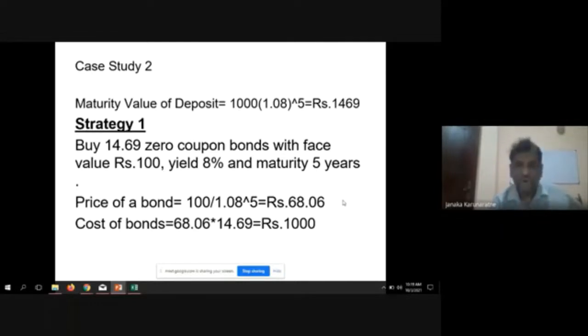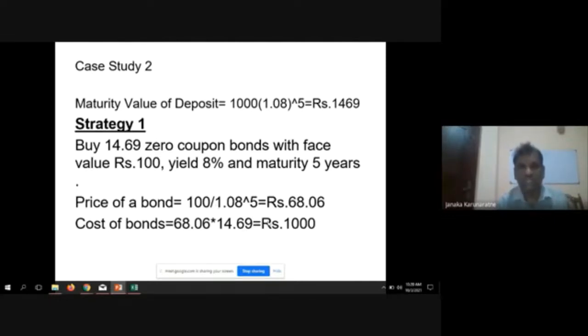If such zero coupon bonds are available, for the deposit we mobilize, 1,000 rupees, we can get 14.69 such bonds. Just for the theory, because in reality you can't get 14.69; you have to get either 14 or 15, but theoretically you get 14.69 bonds.